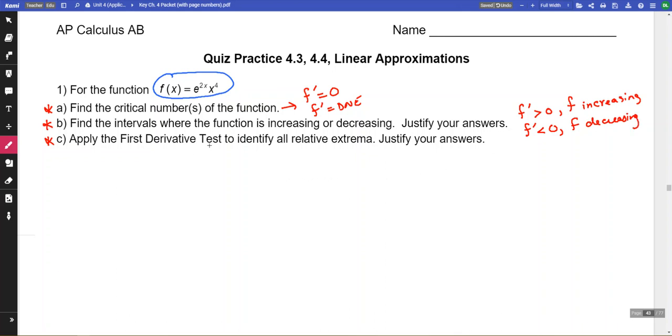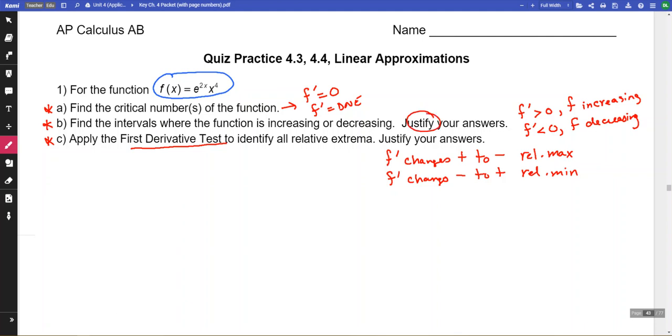And for my first derivative test, I know that if f prime changes from positive to negative, I have a relative maximum. And if f prime changes from negative to positive, then I have a relative minimum.